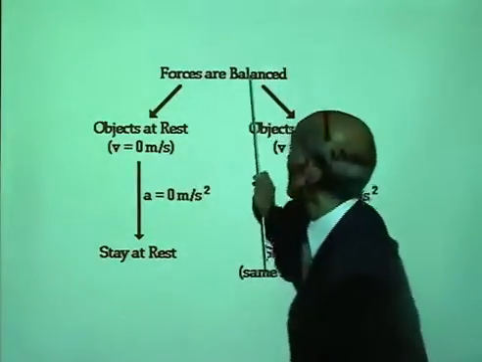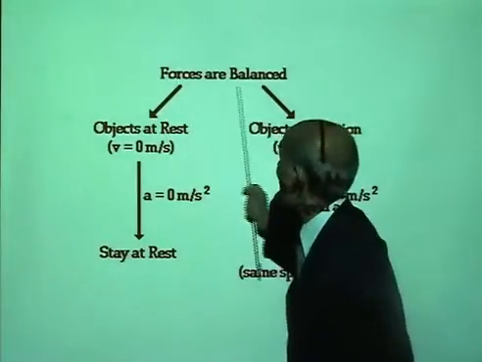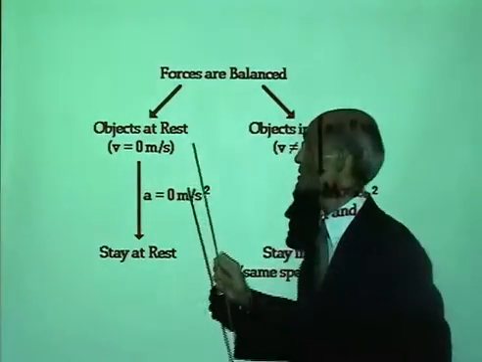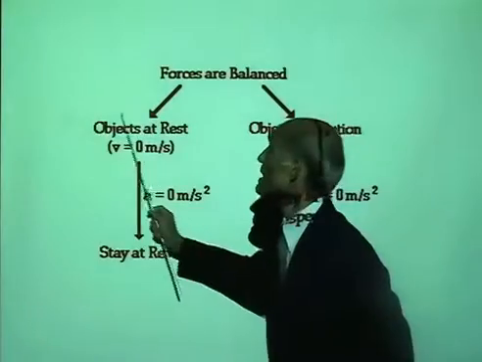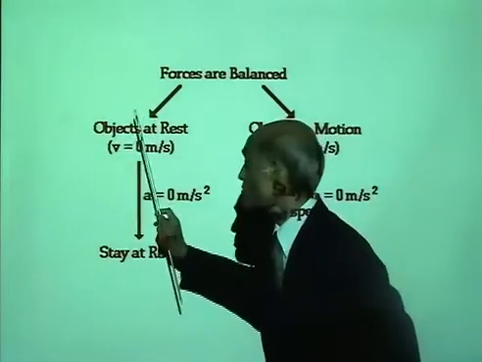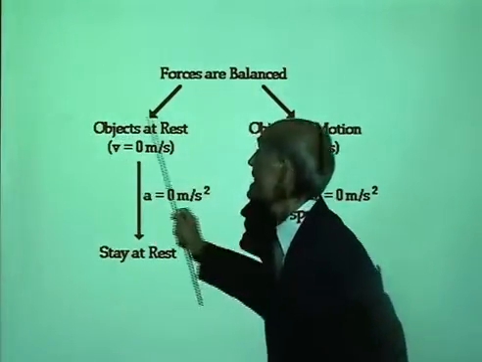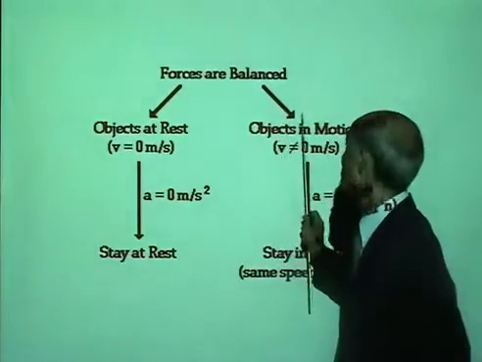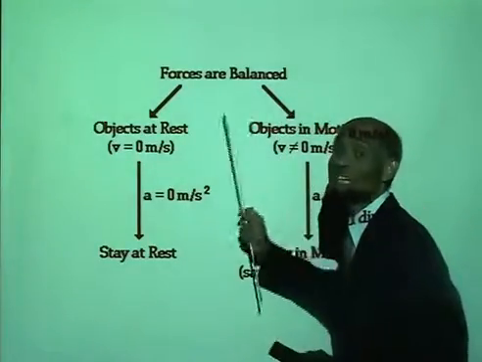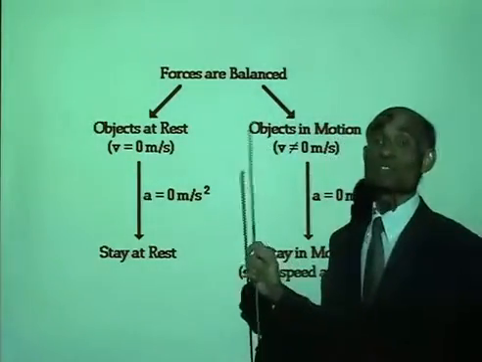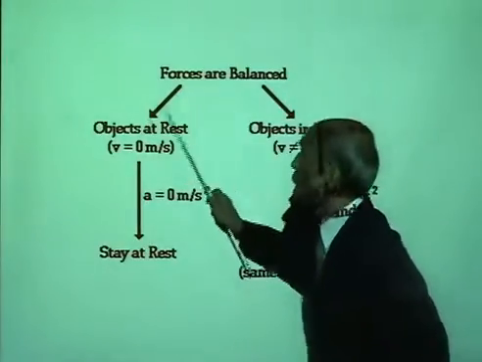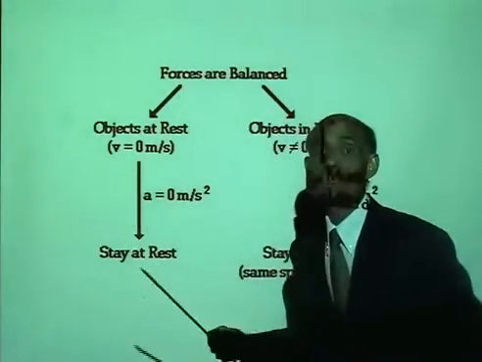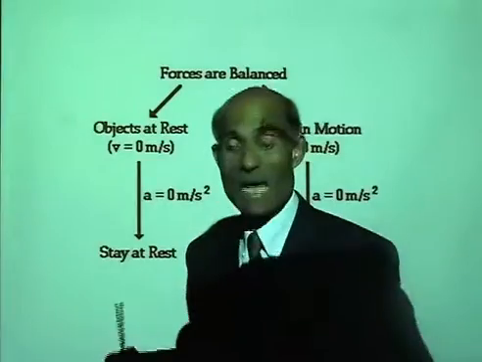Now that means, if all the forces are balanced on an object, if the object is at rest, it will stay at rest. If an object is in motion, it will stay in motion. Now, the only way to change this is to apply an unbalanced force.